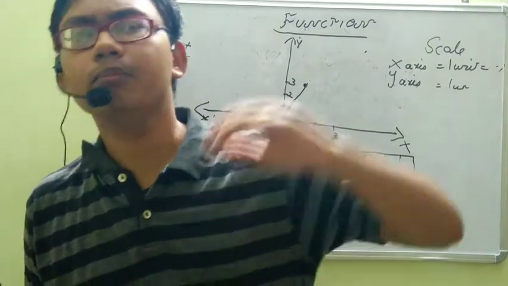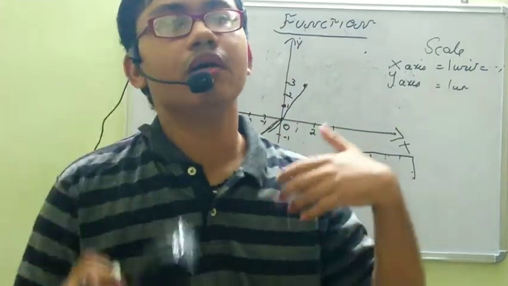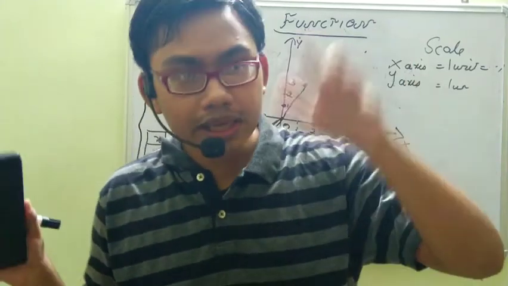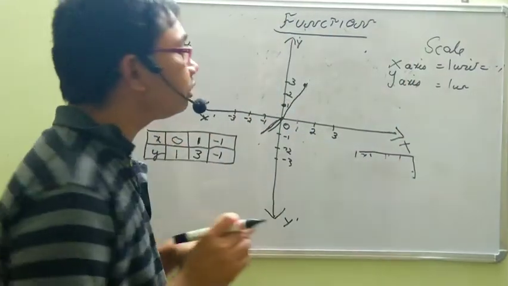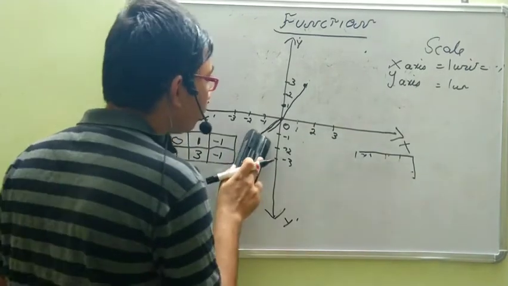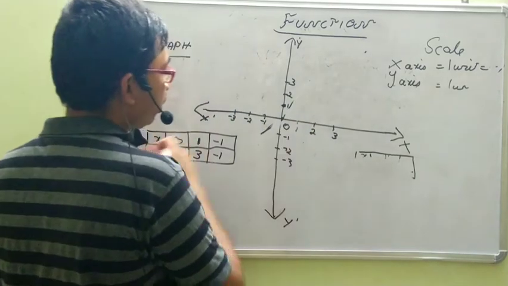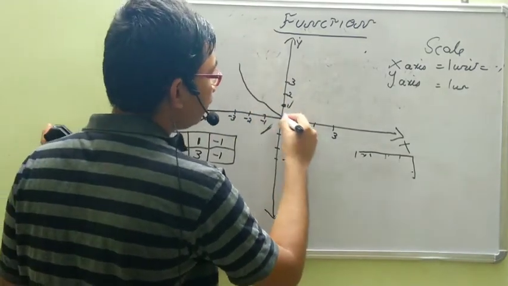Now, when we go further, we will see quadratic functions and many other functions. The quadratic function, I will just show you. It will not be linear. It will be U-shaped or curved, like this. y square is equal to some x.